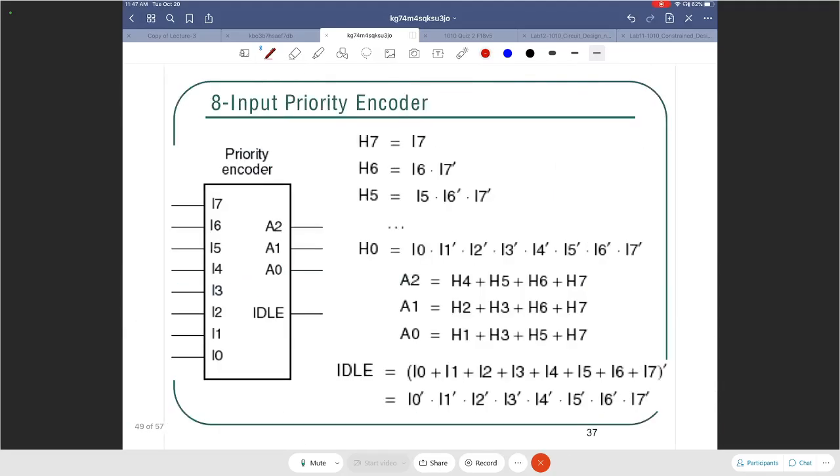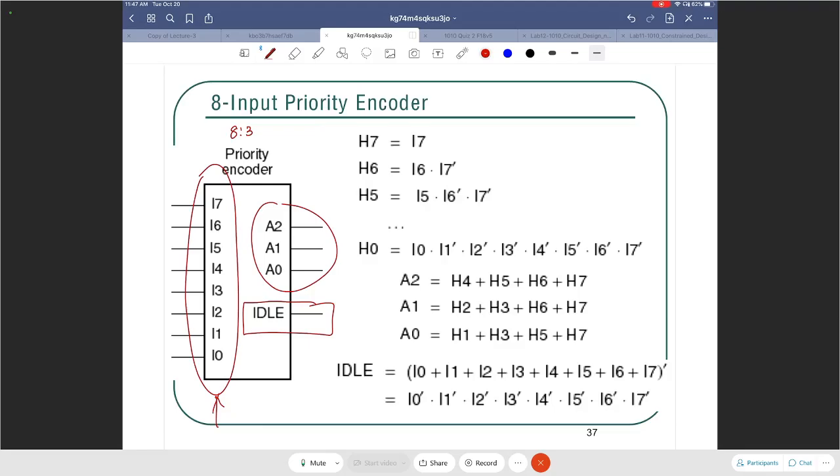We move on next to the 8 input priority encoder. Exactly the same way as we did the 4 to 2 priority encoder, now we have an 8 to 3 priority encoder. 8 inputs active high, 3 outputs active high, and there is one more active high output called idle, which becomes active if none of these inputs are active, right?